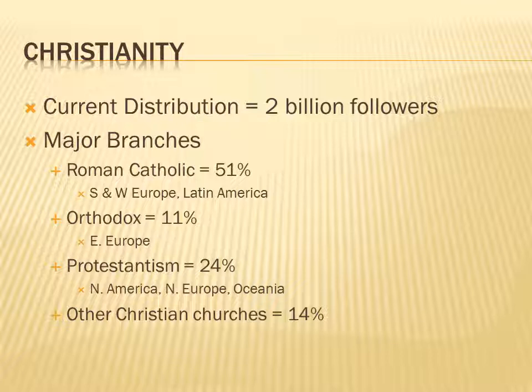Next, the newest, youngest branch of Christianity is Protestantism, constituting about a quarter of the world's Christians, largely in North America, Northern Europe, as well as Oceania. The Protestant Reformation begins in the 16th century with Martin Luther.